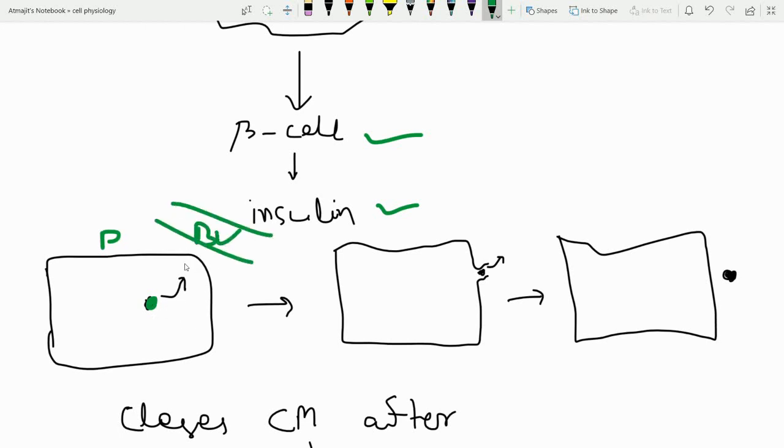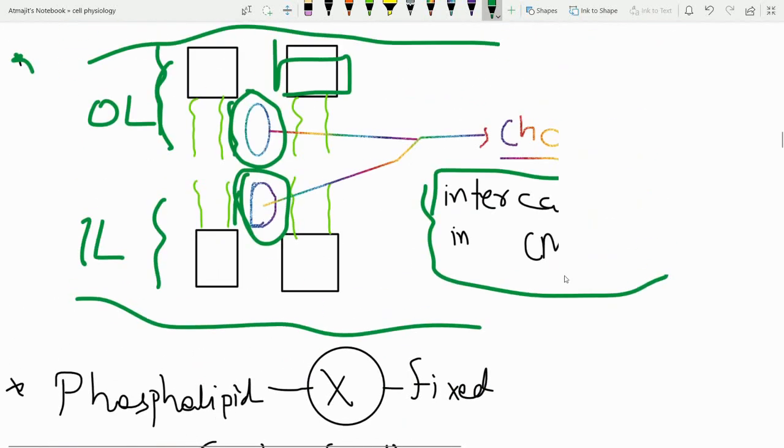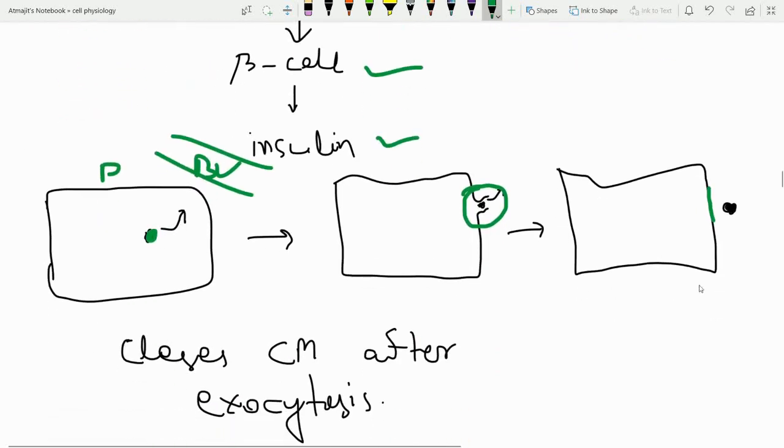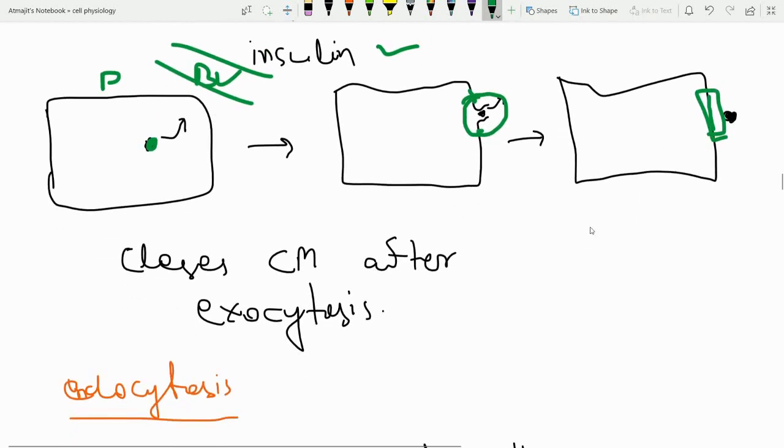It will come to the cell membrane, then fuse with the cell membrane, then go outside, and then this fractured site of the cell membrane will repair itself due to the process of fluidity. Due to the fluidity, many phospholipids come side by side and repair the cell membrane, and it will become secure.